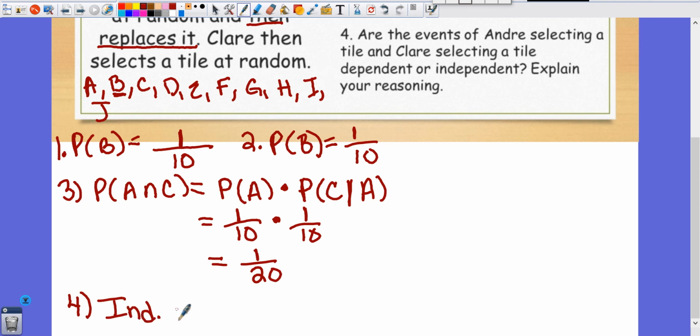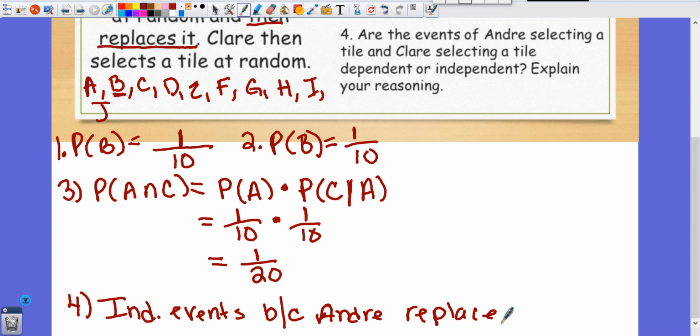So these are independent events because Andre puts the tile back. Andre replaces the tile.